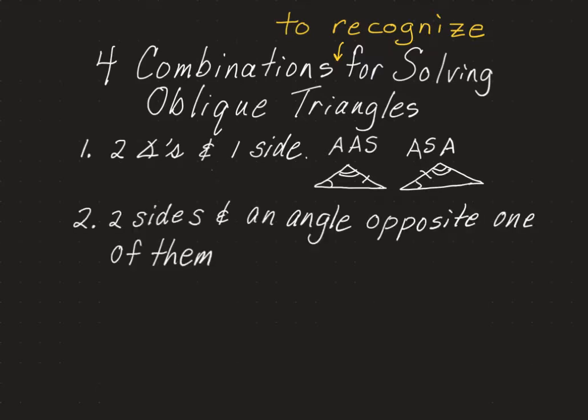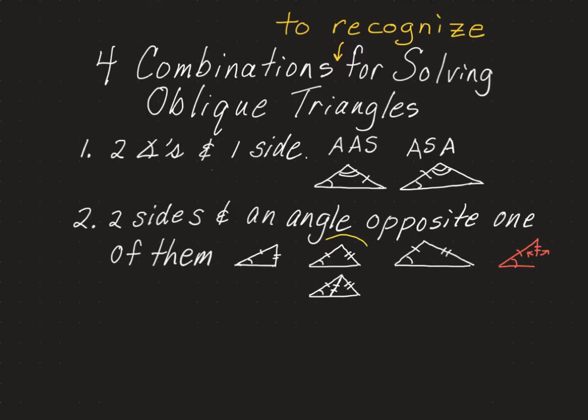You could also have two sides and an angle opposite one of them, which could look like any of these examples. And please remember that you may not see them in that orientation, but at any time you can turn the page around, you can redraw the triangle to make it easier to work with for you.